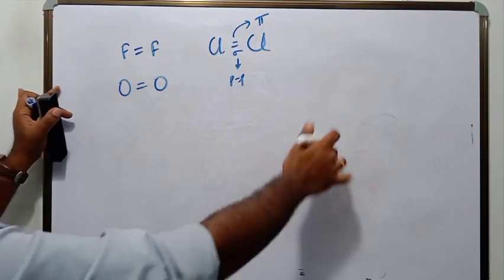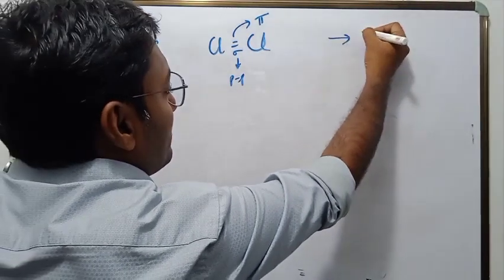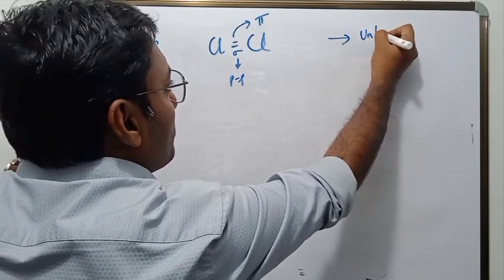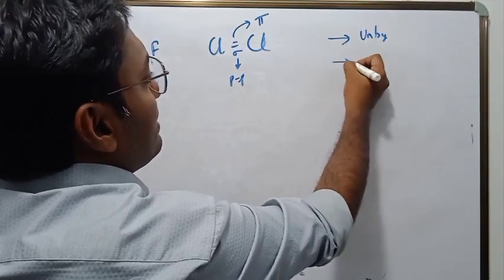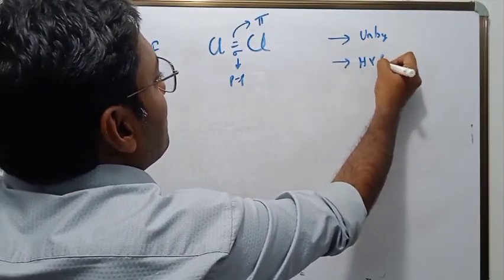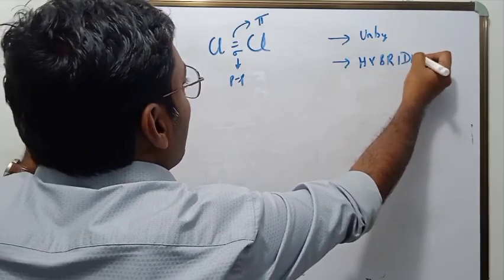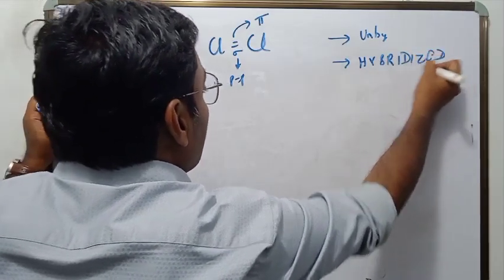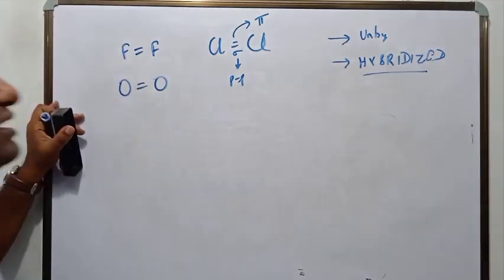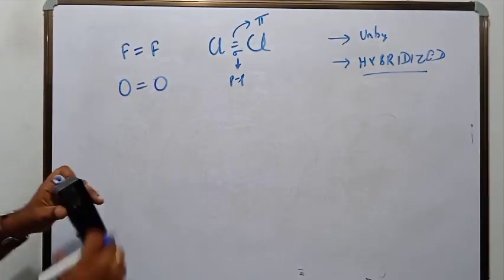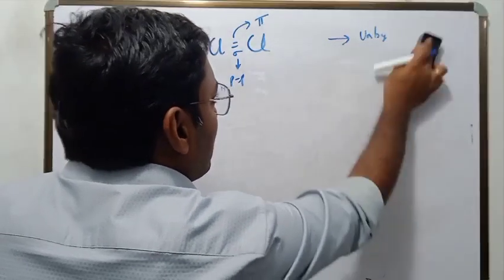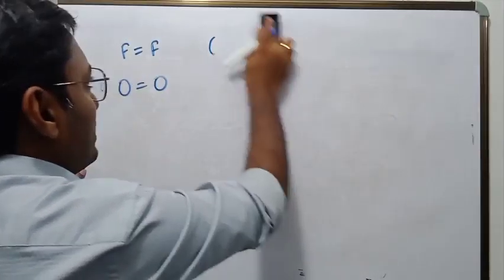So sideways overlap can occur between unhybridized p orbitals, or it can occur between hybridized ones. This is occurring between unhybridized p orbitals. So we have seen examples here.